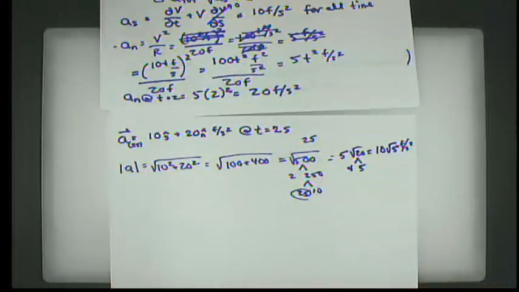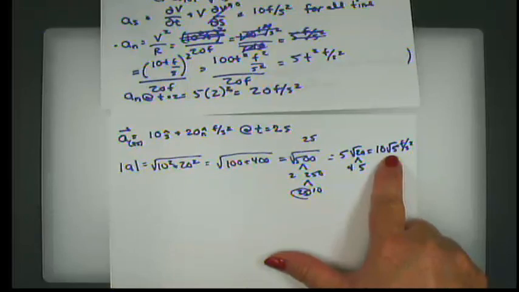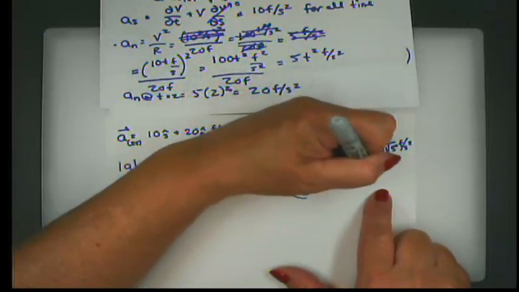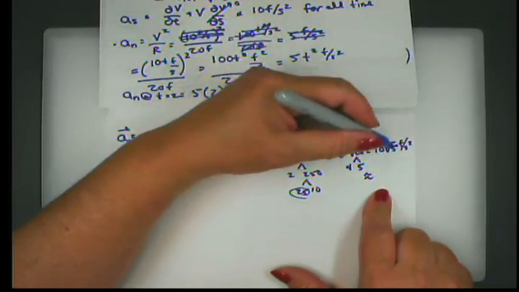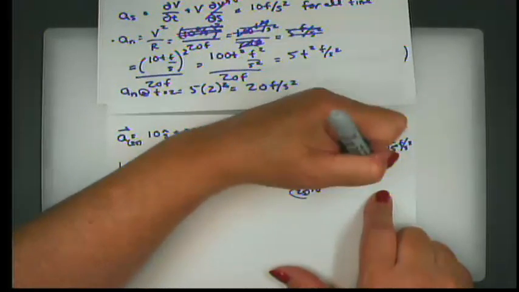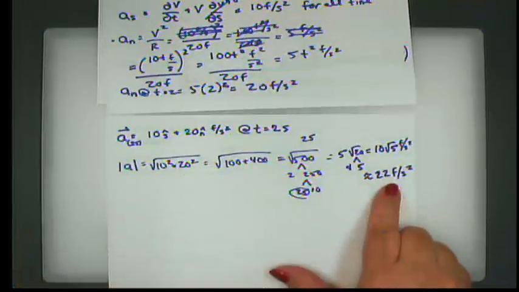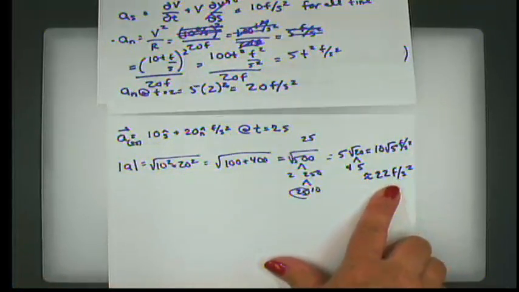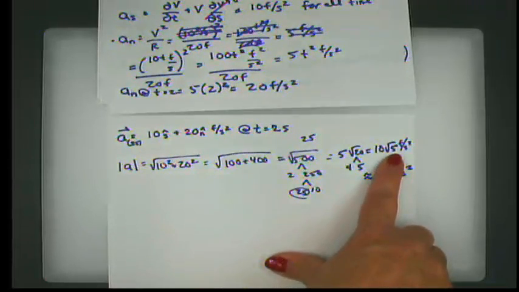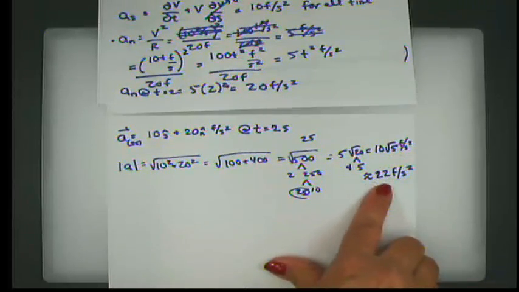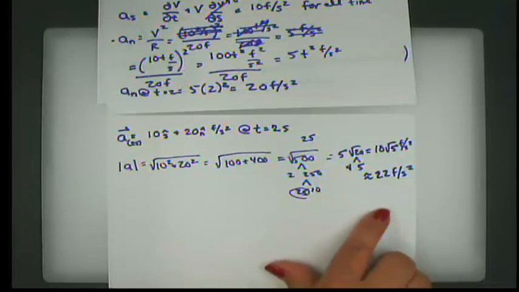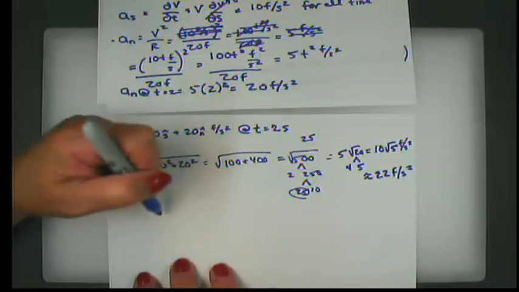That's the magnitude of my acceleration. And this is about 2.2, so this is going to be about 22 feet per second squared. Now, when you have your calculator, you'll get some decimal places in that. It's a little bit higher because I just said that the square root of 5 is 2.2, but it's just between 2.2 and 2.3.